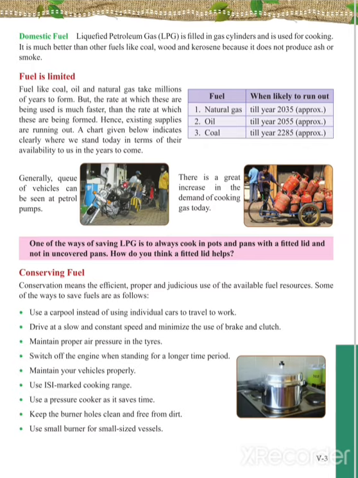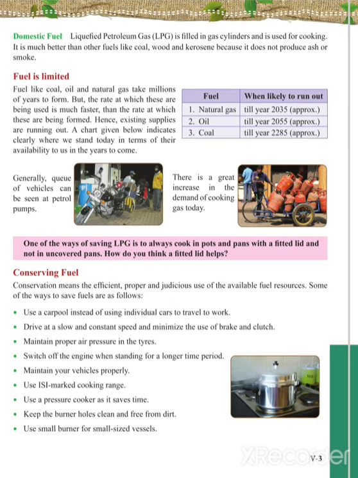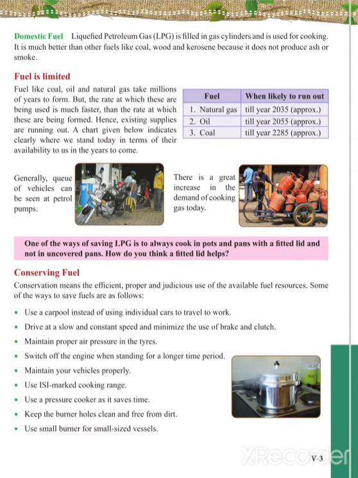As we know that fuels are limited, we need to preserve the fossil fuels as it requires millions of years to form. Today, a small chart shows us the limitations or the duration till when these are available for us.